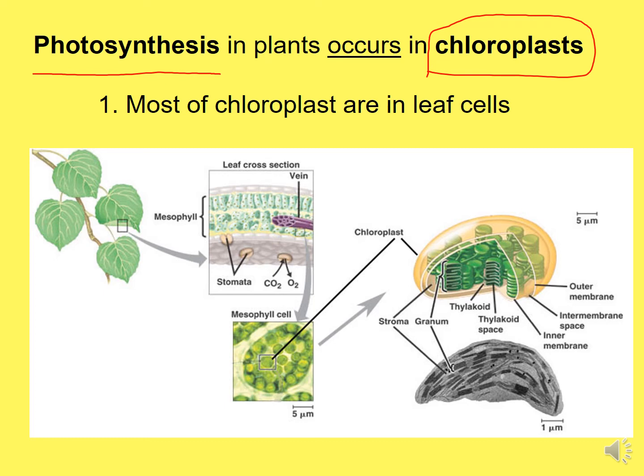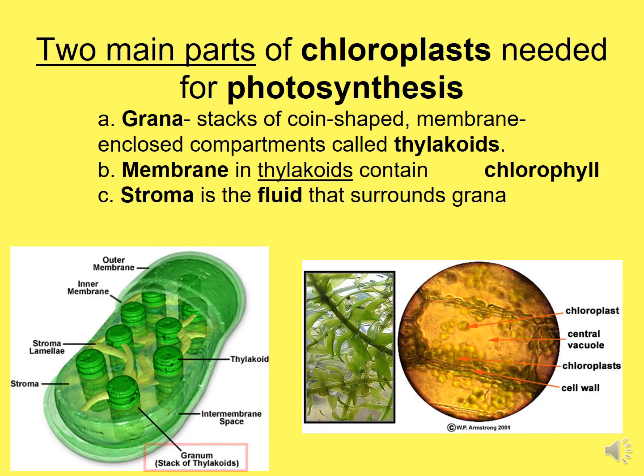Most chloroplasts are in the leaves of the cell. Yes, they look like these little green things right here. Has a whole stack of thylakoids in them. So there's two main parts of chloroplast that are needed for photosynthesis. So we're going to break down these chloroplasts.